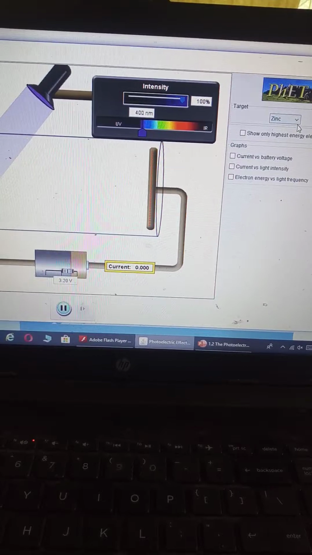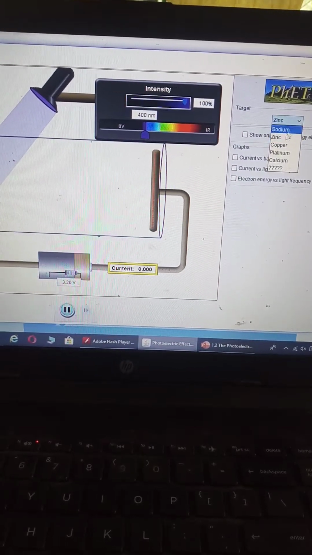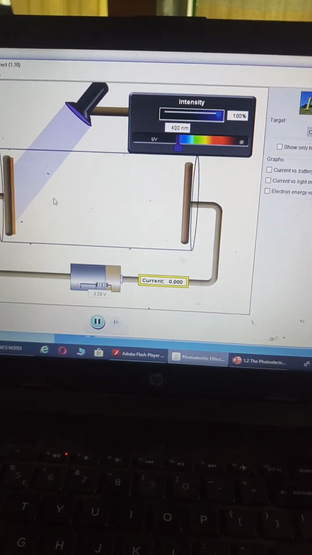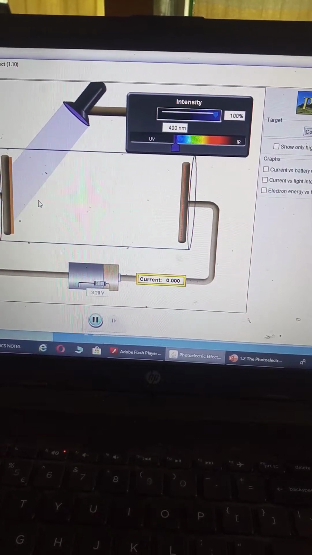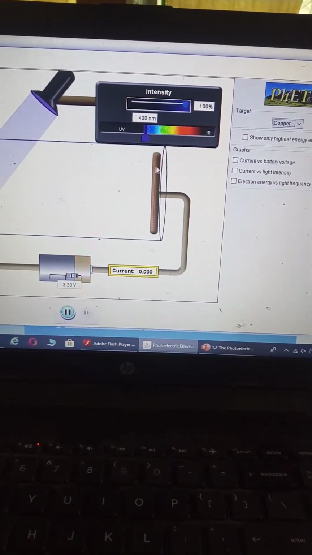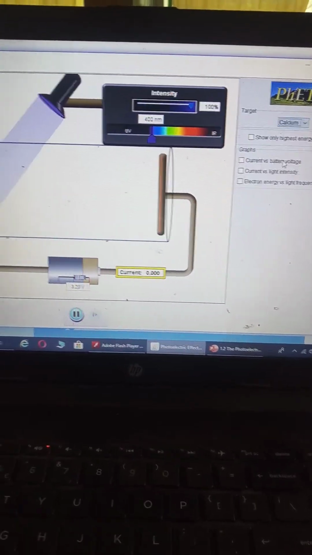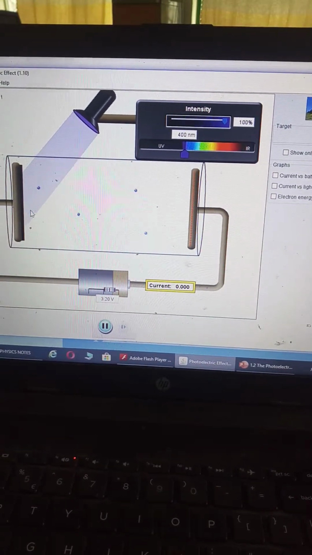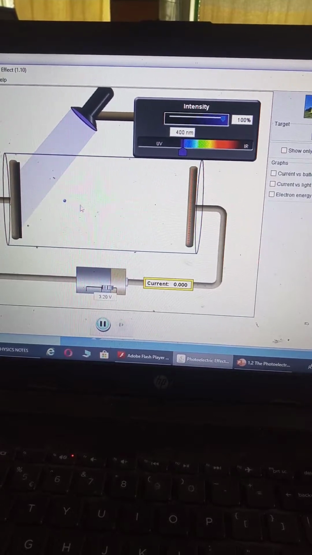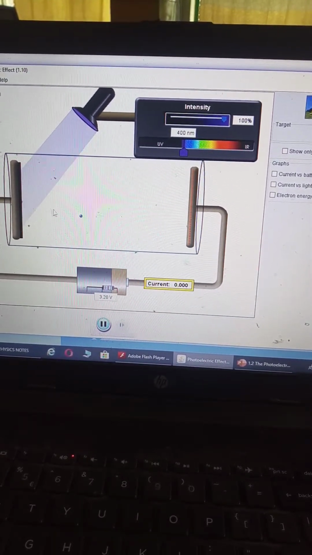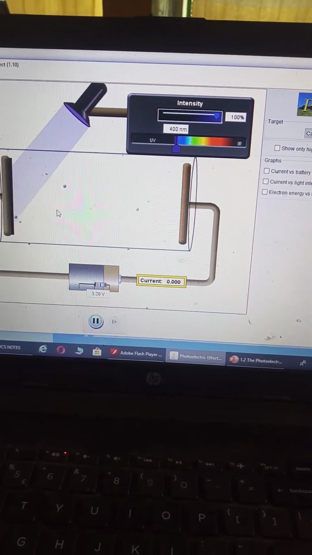If I change this metal surface to copper, nothing is ejected. If I change this one to calcium, you will see electrons are ejected, but very few as compared to sodium.